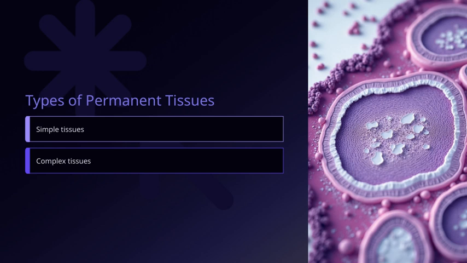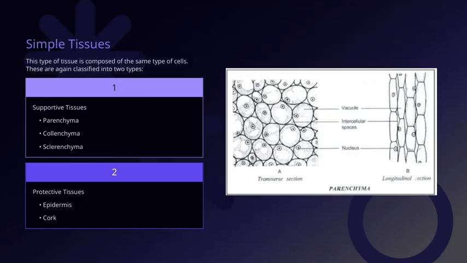Understanding these distinctions is key because it helps us appreciate how plants are structured and how their tissues work together to support growth and survival. This classification also ties into the overall theme of how plants have evolved different tissue types to adapt to their environments. Today, we're going to explore simple tissues, which are made up of the same type of cells working together.